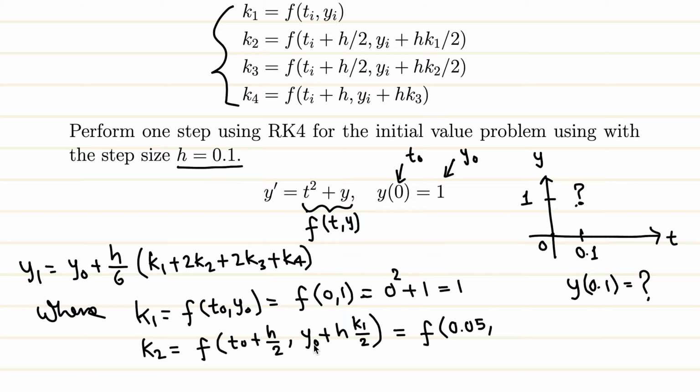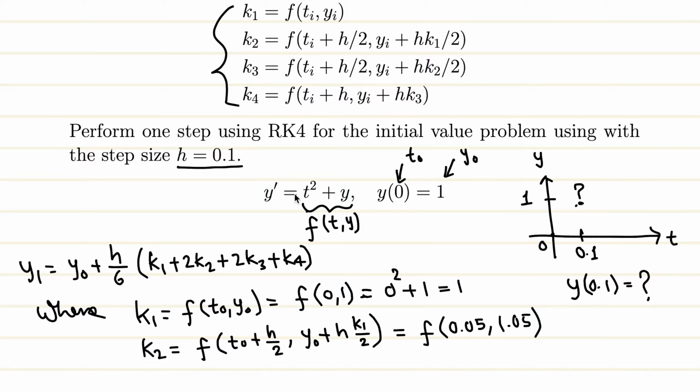Now y0 is 1 plus h, 0.1, times k1, 1, over 2. So 0.1 divided by 2 is 0.05, plus 1 is 1.05.